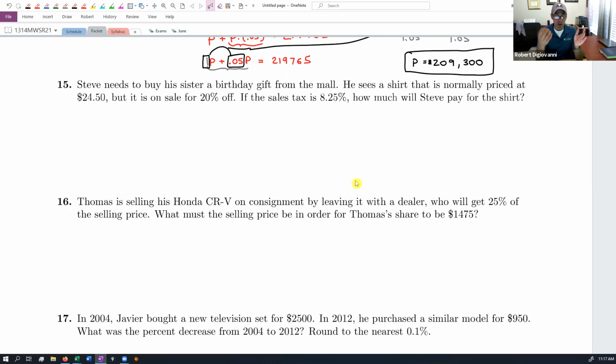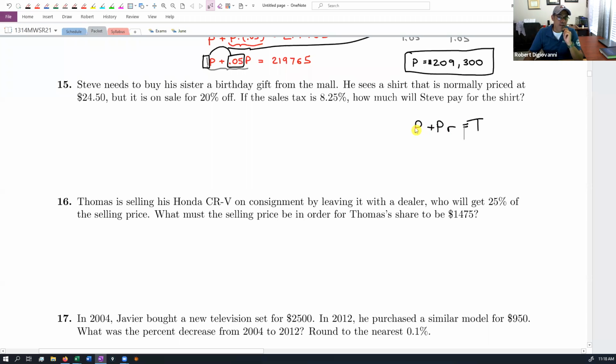So we need to take 20% off of $24.50. And then we apply the tax to that.